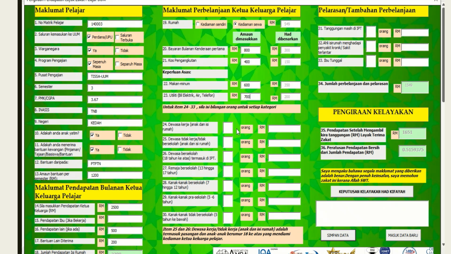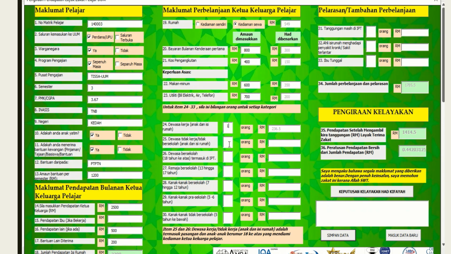Okay, so the number of people in the family is also counted. Basically, how many siblings, how many dependents are there in the family.